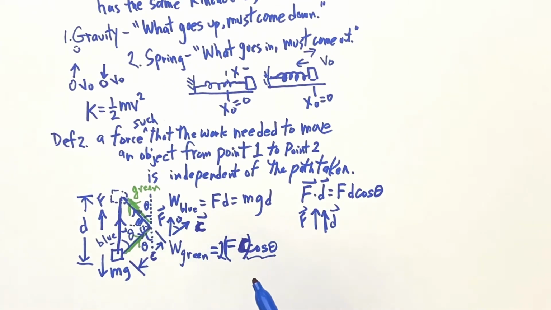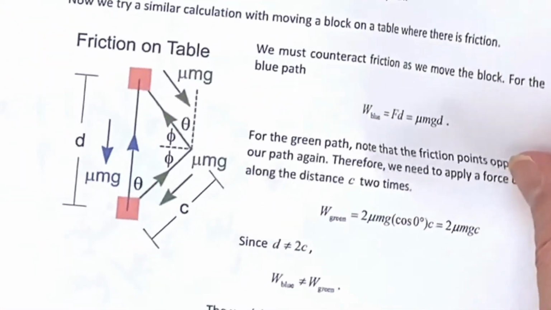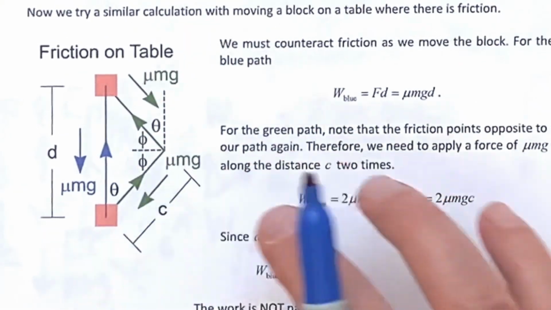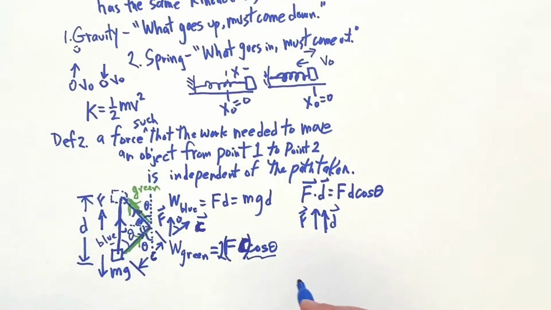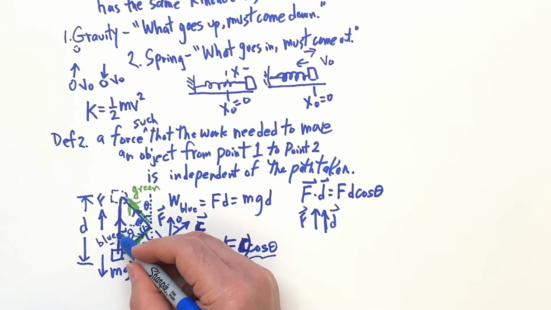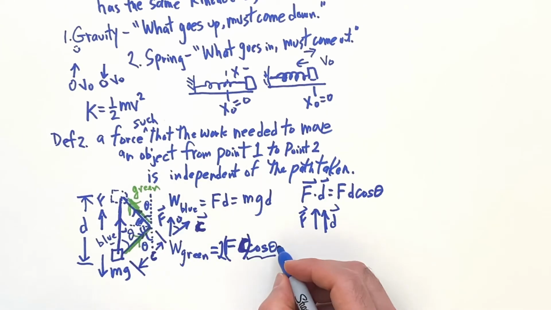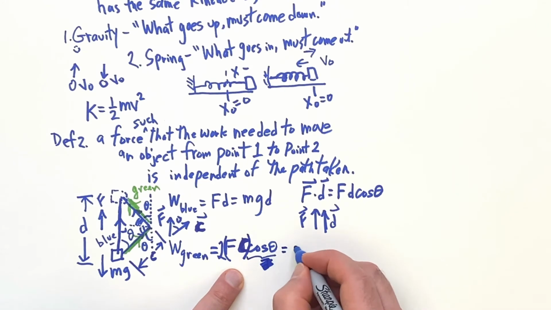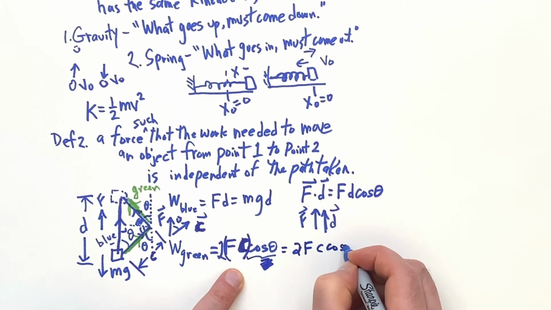Now, when you look at my notes, everything's going to be nice for you here. All right, then C times the cosine of theta is going to be this distance, which is half of D. So when you write that out again, this is 2FC cosine of theta.